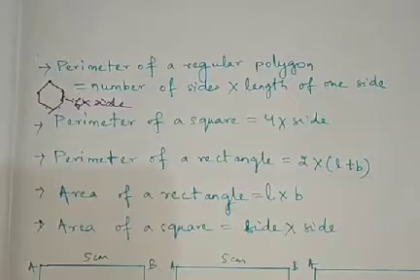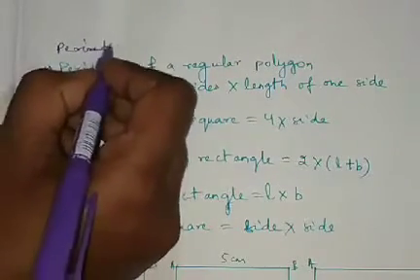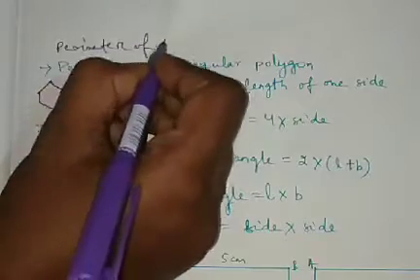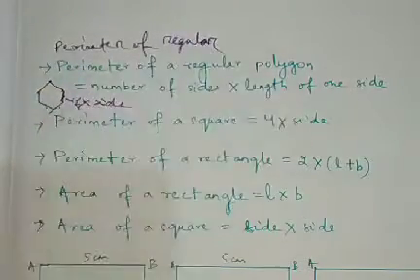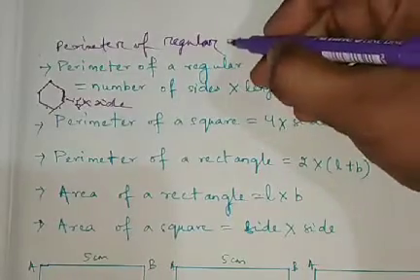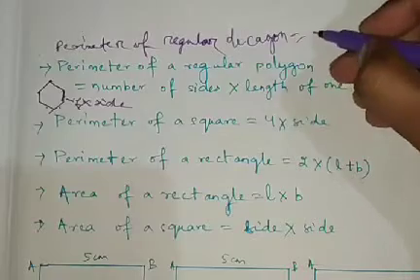If we say about a decagon, the perimeter of a regular decagon is how much?